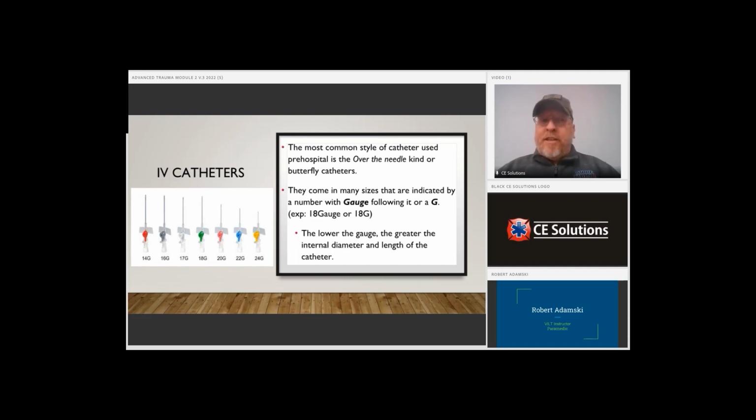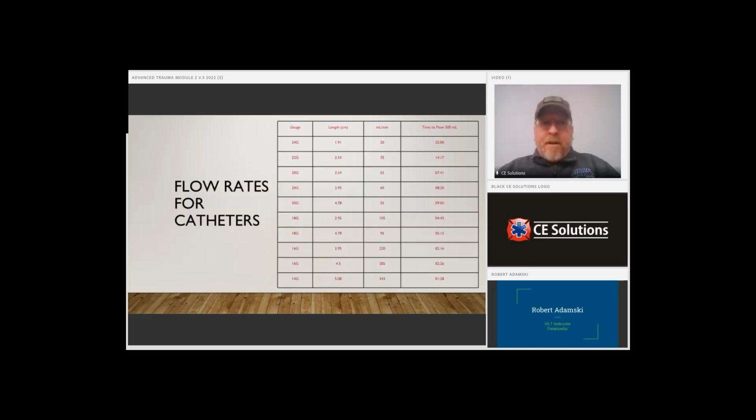So a 14 or 16 gauge catheter can flow significantly more fluid than a 22 gauge or a 24 gauge. All right? Don't expect you to memorize this, but this just illustrates the point and the differences in flow rates for various catheters. Again, 14, 16 gauges can flow a lot more milliliters per minute than our smaller catheters, such as the 22 and 24 gauges.